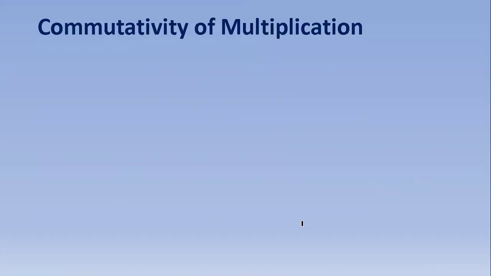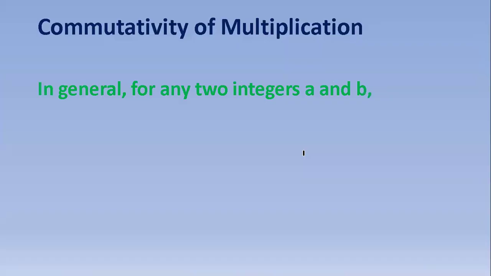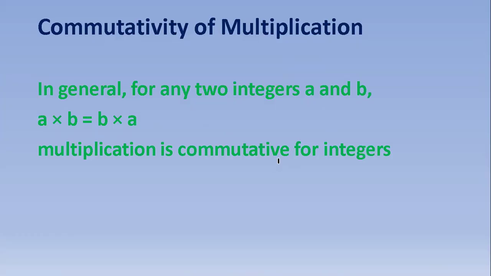Second one, commutativity of multiplication. In general, for any two integers a and b, a into b is equal to b into a. Multiplication is commutative for integers.